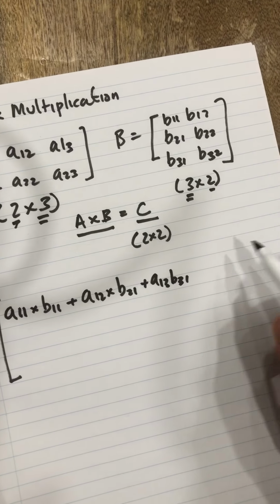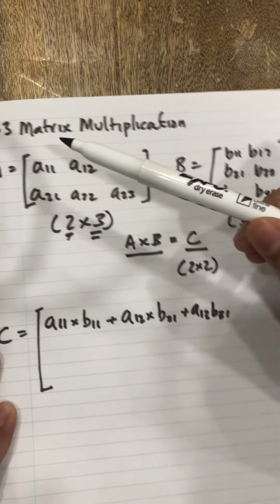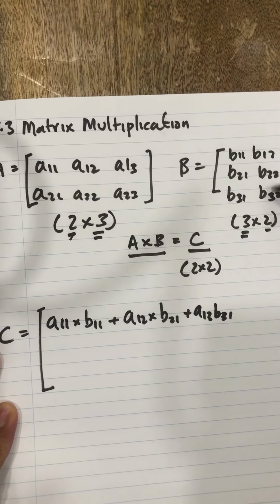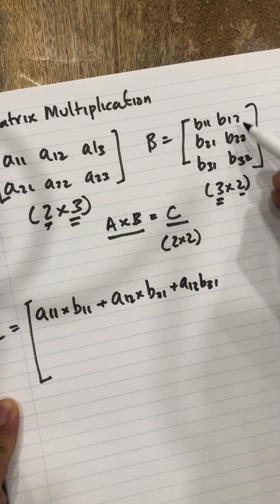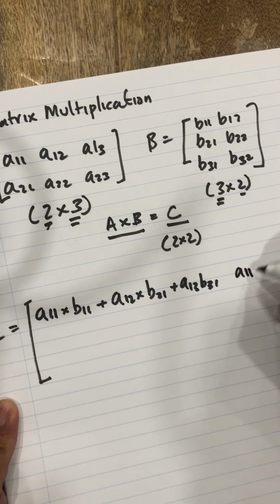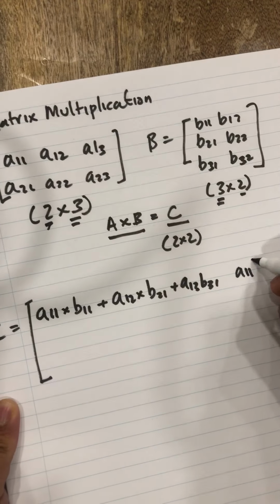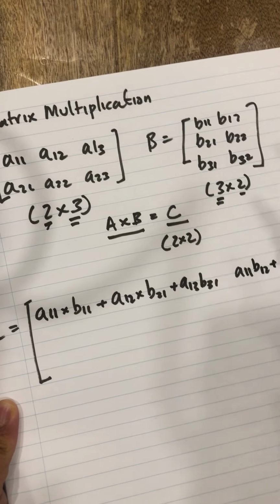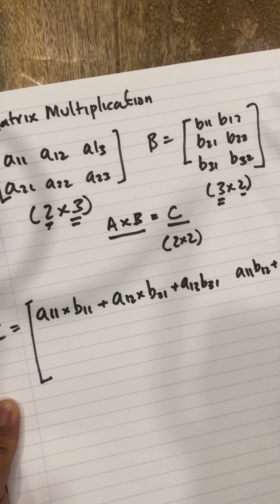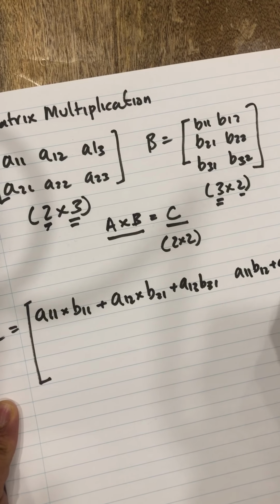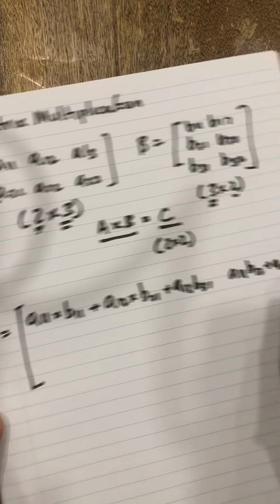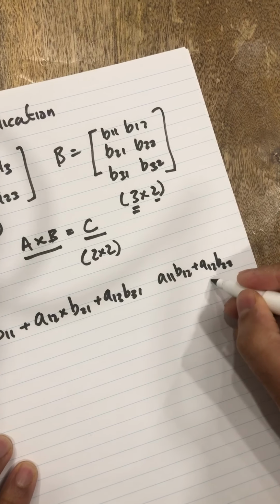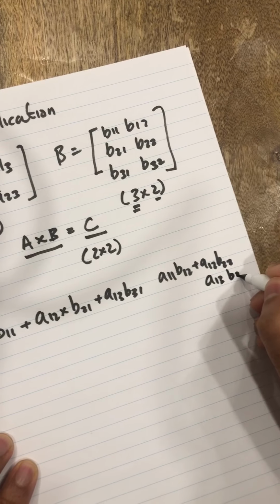That's your first entry. And the second entry is you do the same, but now with this column. So A11 into B12 plus A12 into B22 plus A13 into B32.